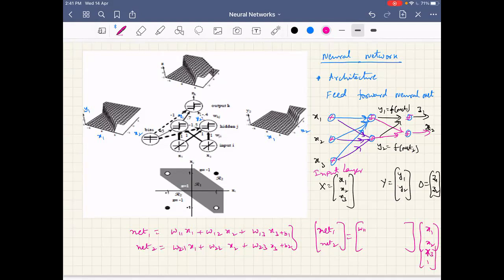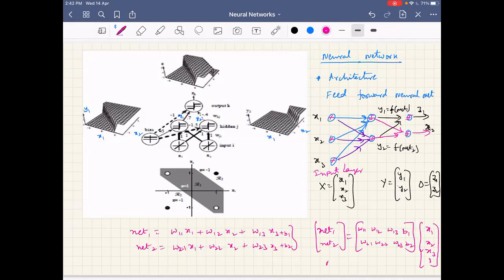Putting all these things together: X3 and 1, right? So W11, W12, W13, 1, B1, W21, W22, W23, B2, right?